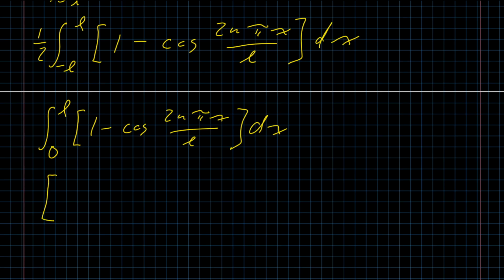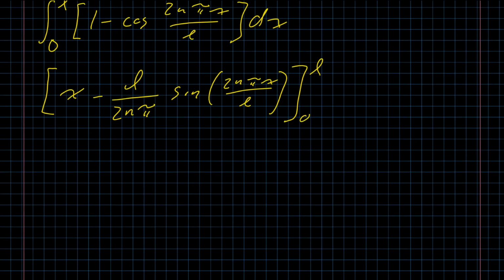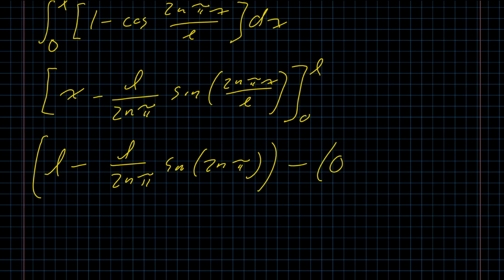And so, integral of 1 is x. Integral of this cosine is going to be L over 2n pi times sine of 2n pi x over L. Our limits of integration are 0 and L. So we have L minus L over 2n pi sine of 2n pi as our upper limit of integration, and then 0 minus L over 2n pi sine 0 as our lower limit of integration.